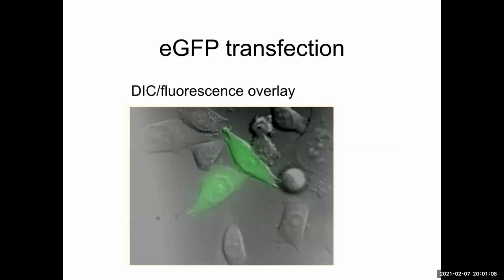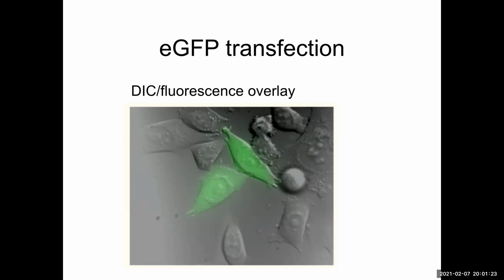And last but not least, one with the name on the slide. So it's a giveaway. This is what often is done with fluorescence, so it's fluorescence and DIC both.